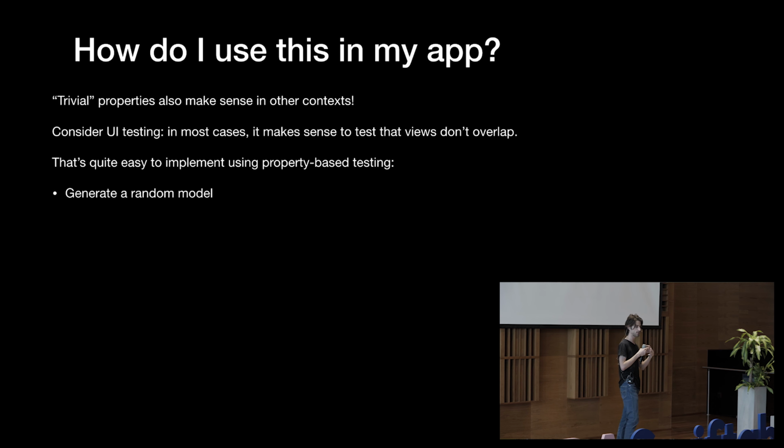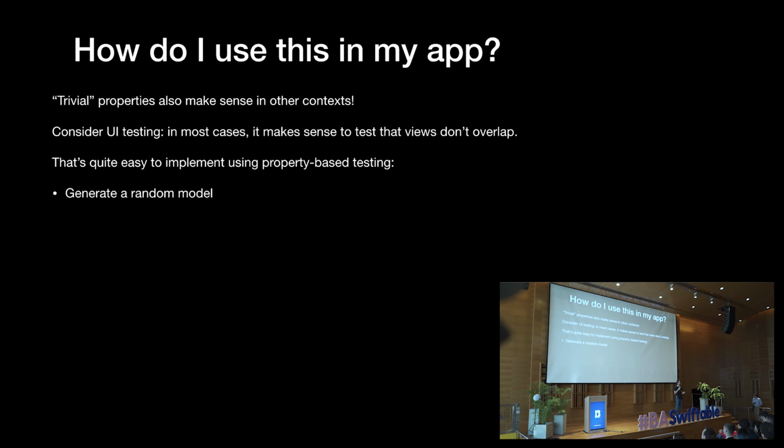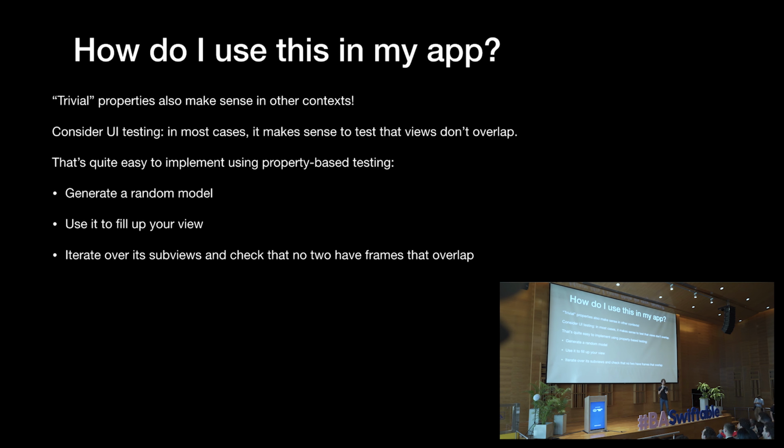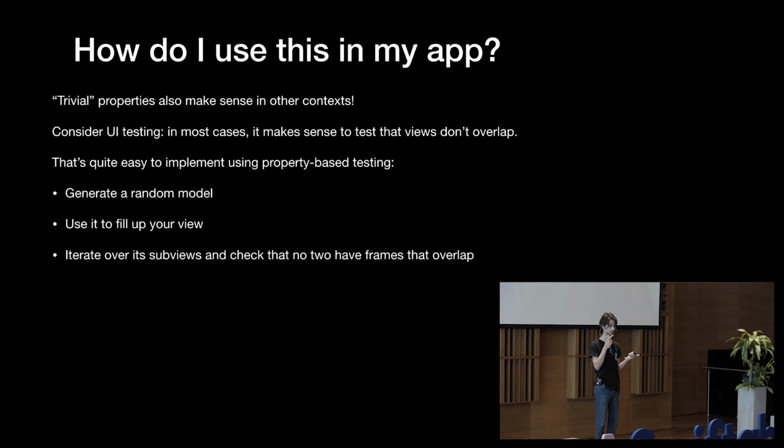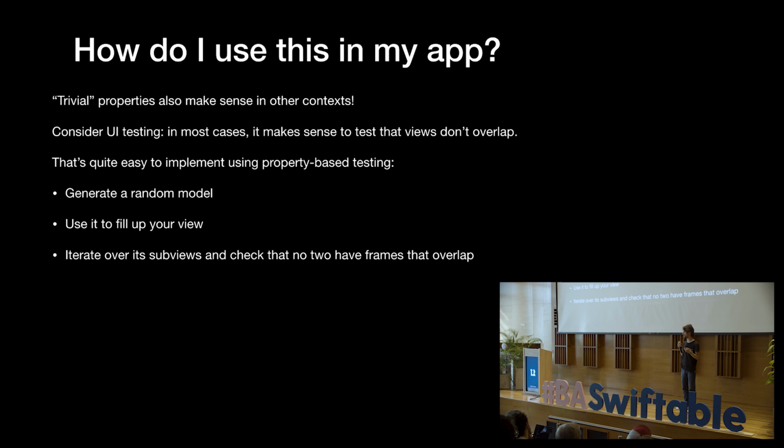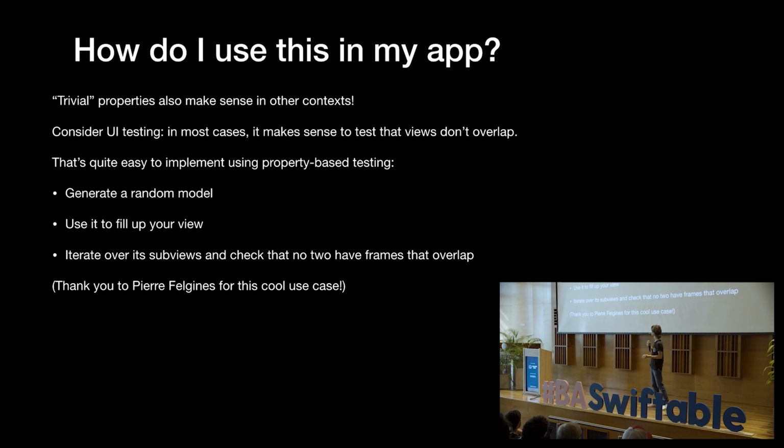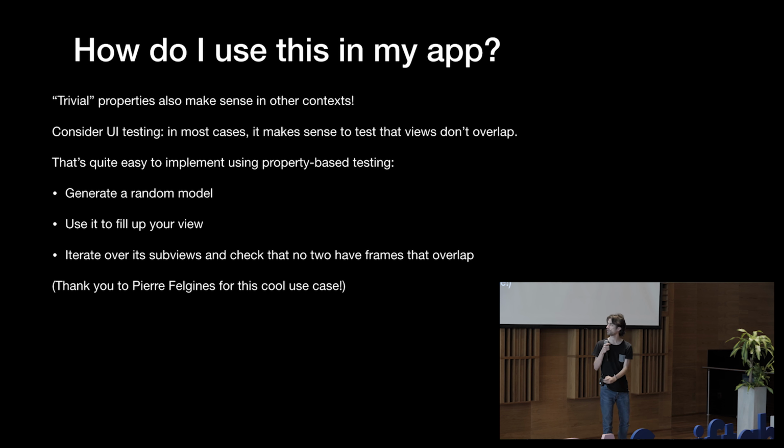You would just need to generate a random model for your view, use it to fill up your view, and then iterate over the subviews and check that every pair of subviews does not overlap each other. And just by doing this, you've implemented some kind of UI testing, and it didn't cost you a lot, and it was much simpler to do than writing your full-fledged UI test. So thank you to a fellow French iOS developer for this trick, because I didn't come up with it, and it's very clever.